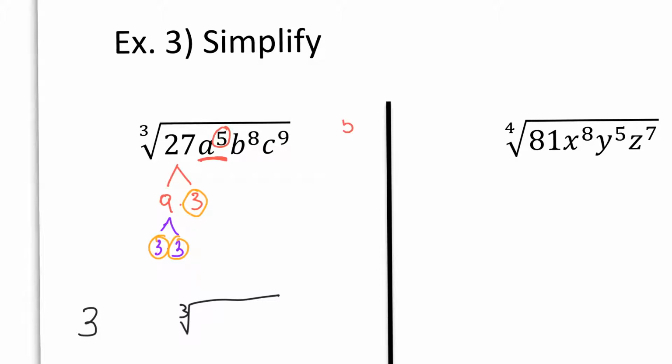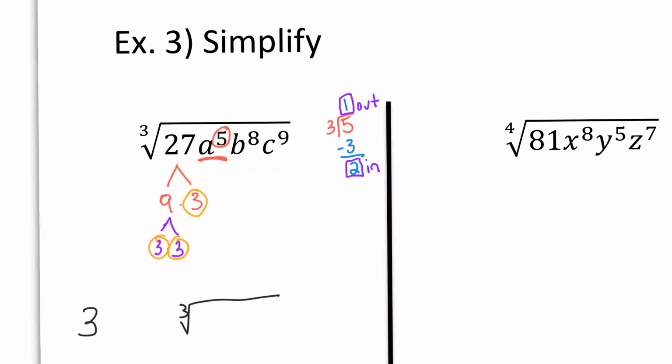I'm going to take 5 and divide by the third root, with long division just like elementary school. 3 goes into 5 one time. I multiply and subtract: 5 minus 3 is 2. Now the remainder is the exponent you will use inside of the radical for the a, and the top number is the exponent you will use outside of the radical for the a.